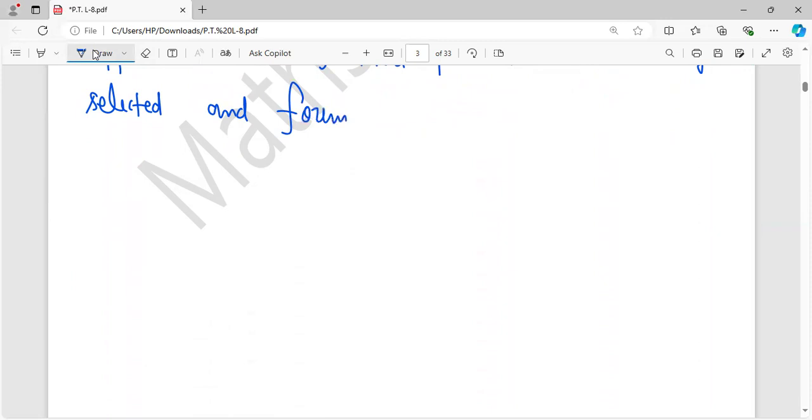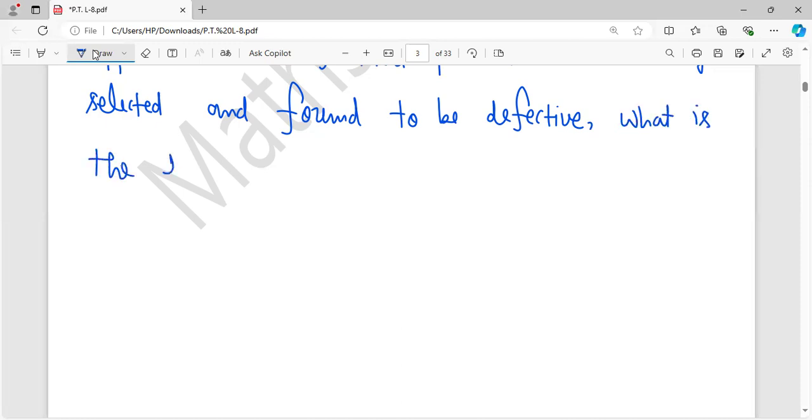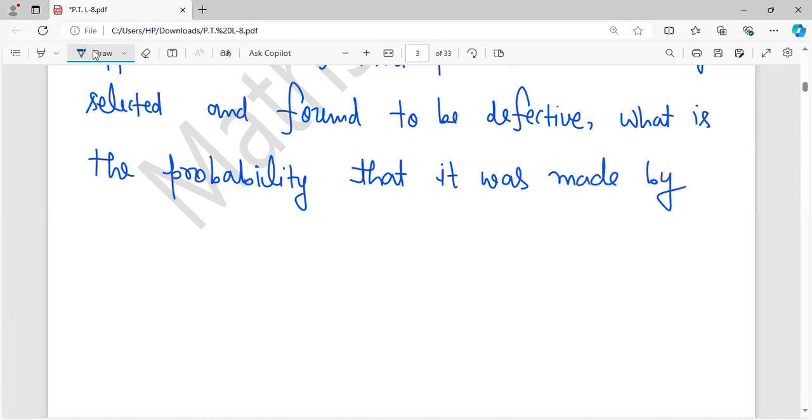What is the probability that it was made by machine B3?